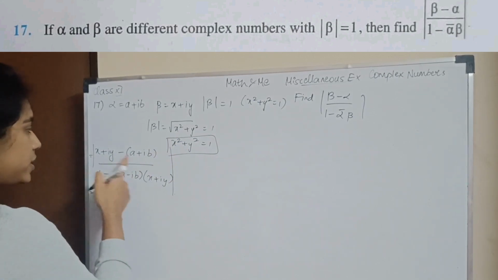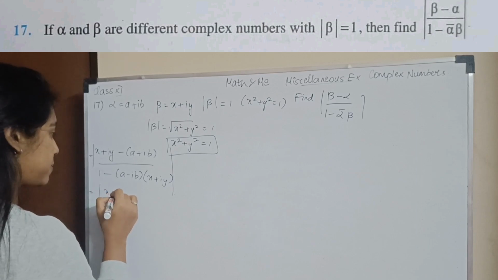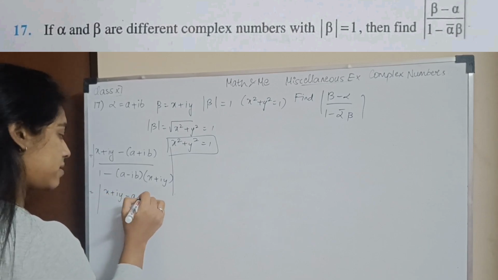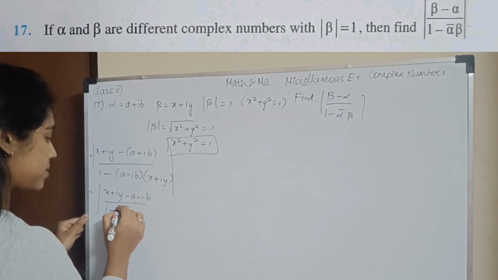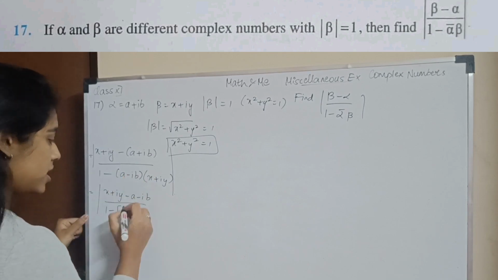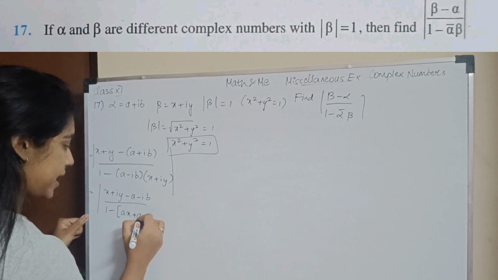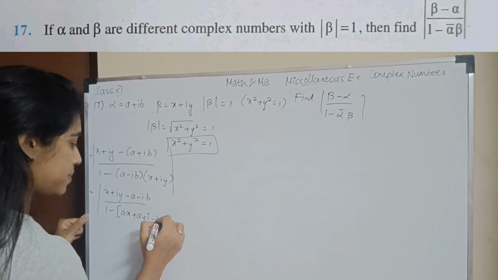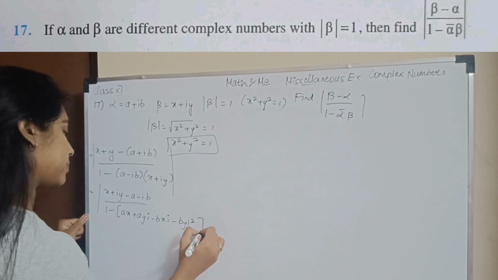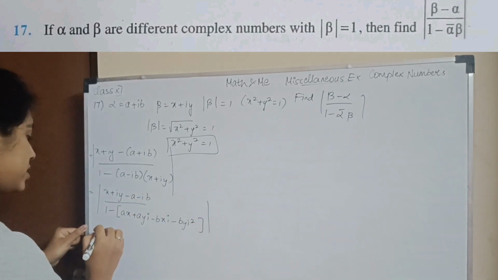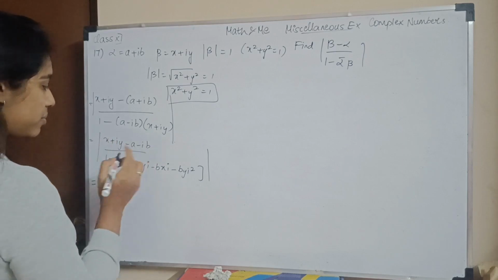Second step, now I am going to open these brackets. x plus iy minus a minus ib divided by 1 minus, let me open this, there is a minus, so always put a bracket. So I have ax plus ay minus bxi minus byi square, modulus. Okay, next step, I am going to write the real and imaginary parts together.